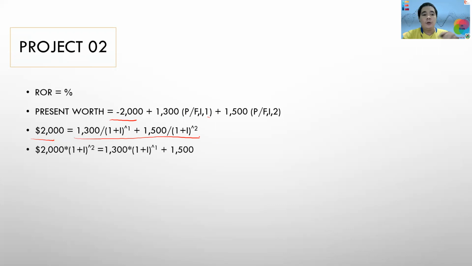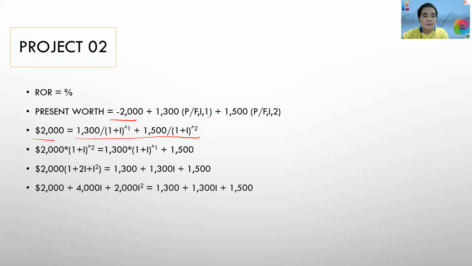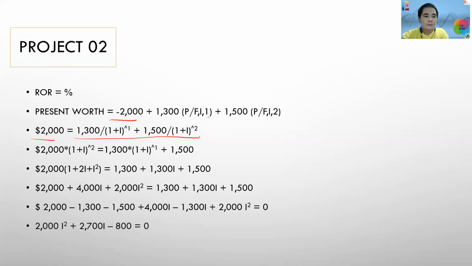Since we are looking for the i, we'll have to multiply first all of the values to simplify. By simplifying your equation, you'll get 2,000 i squared plus 2,700 i minus 800.